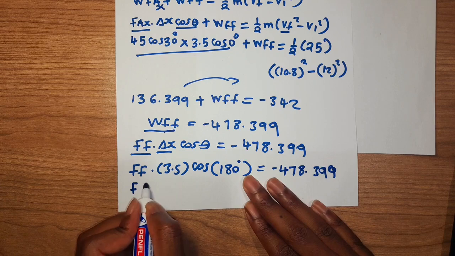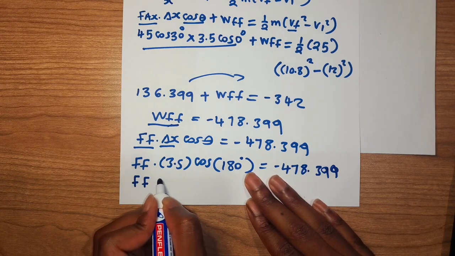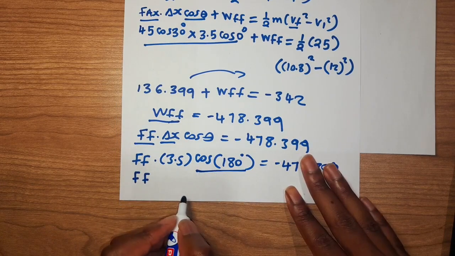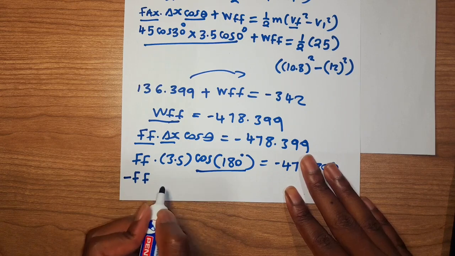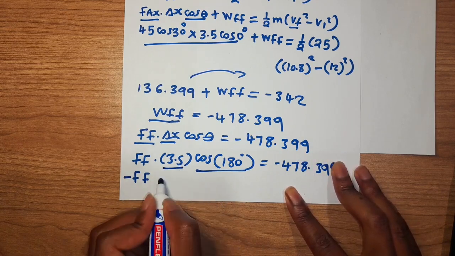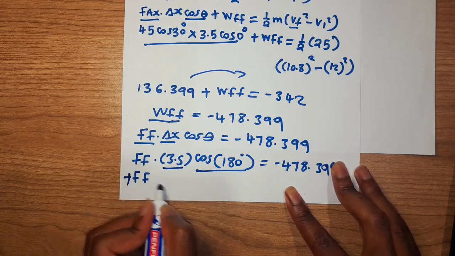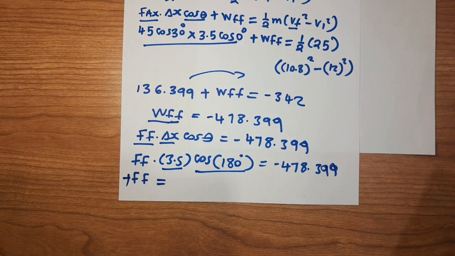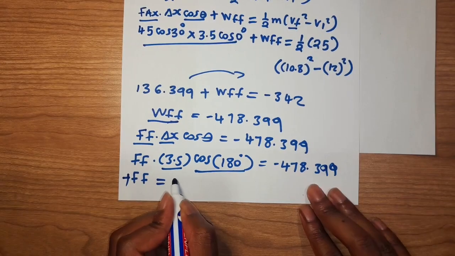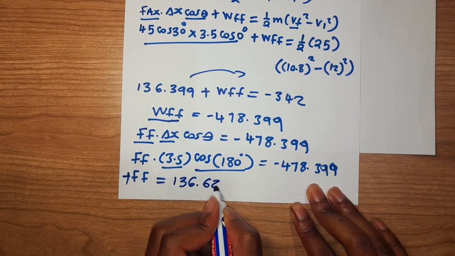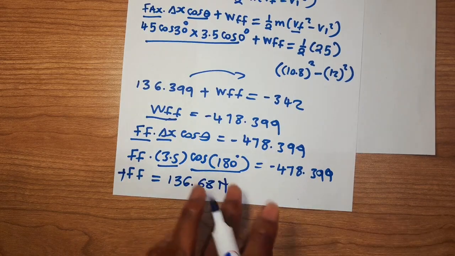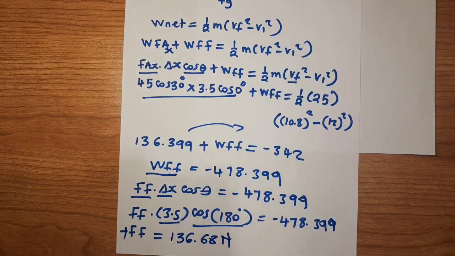So frictional force times cos of 180 degrees, which is the same as minus 1. Then I'm going to divide both sides by minus 3.5. And I get that frictional force is 136.68 newtons. That is the value of the frictional force that we find.